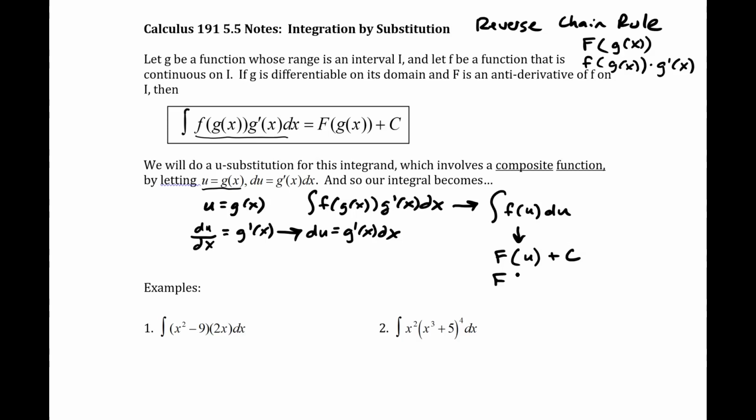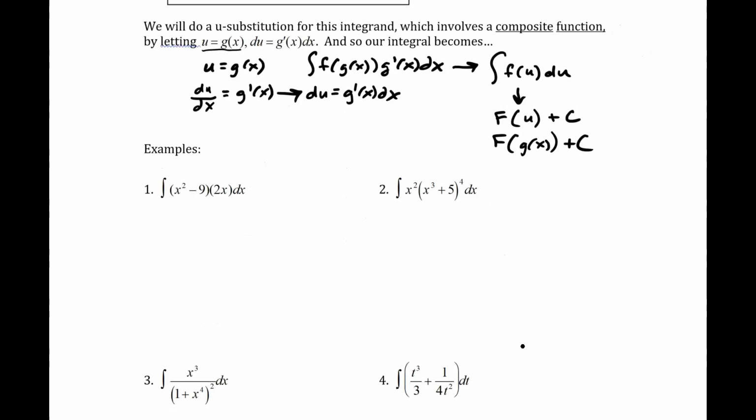So you'll end up with this capital F of g of x, and again there's a plus c after that. So this is the very abstract way of describing what we're about to do in a lot of these examples, but you only want to go through this abstract process when we see composite functions in the integrand. So let's take a look at some of these examples.